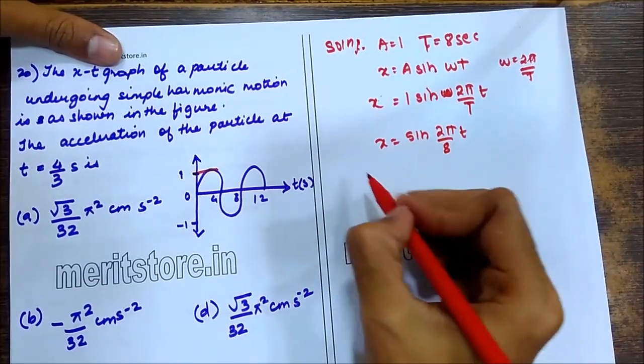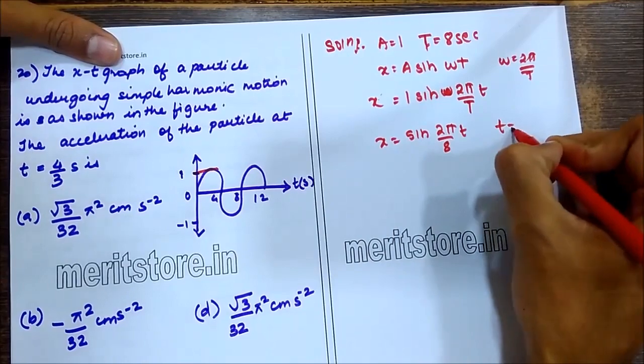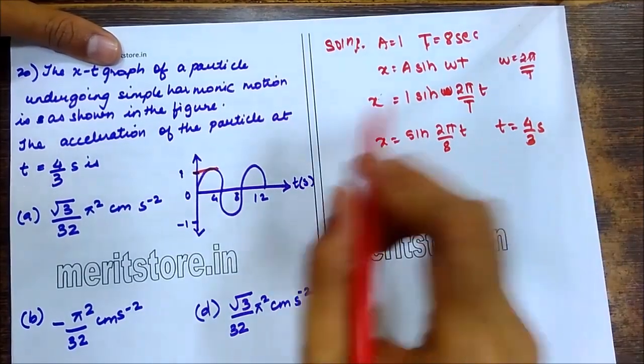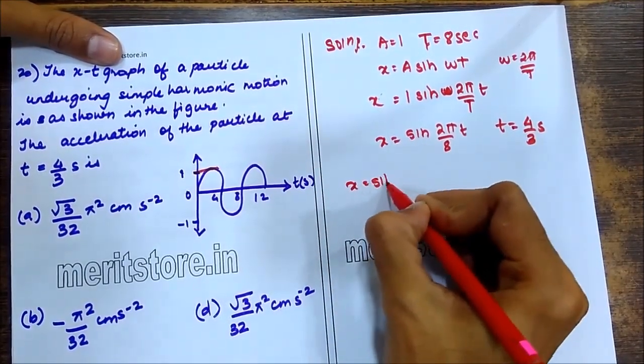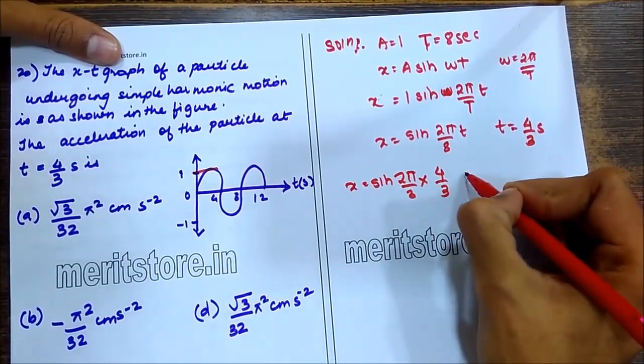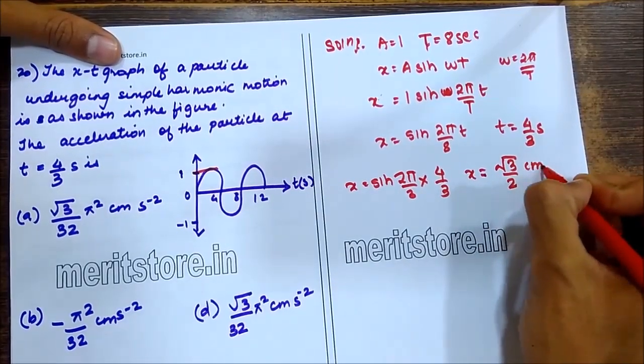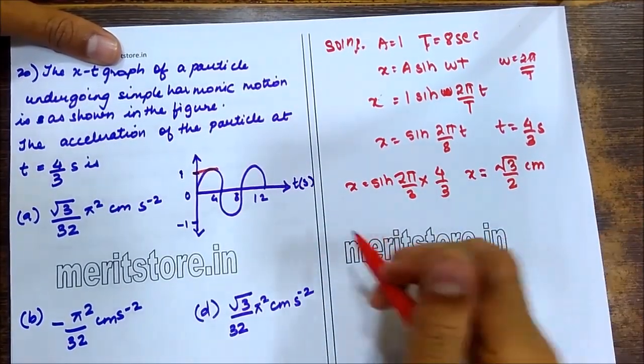Next, after substituting time t equal to 4/3 seconds, we have x equals sine of 2 pi by 8 into 4/3, which gives the displacement x to be root 3 by 2 centimeters. Okay, now this is the displacement in SHM.